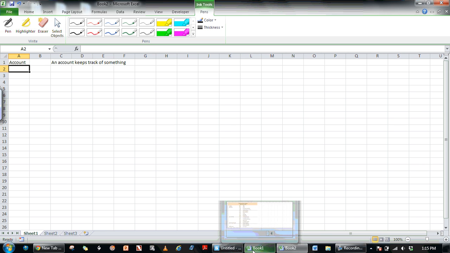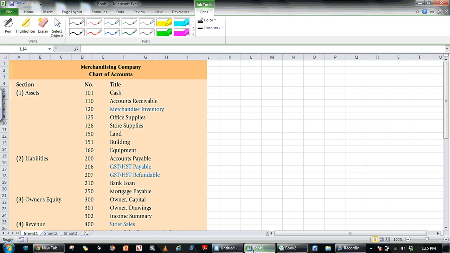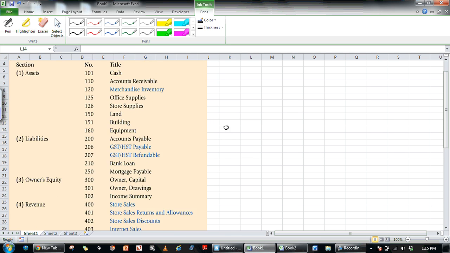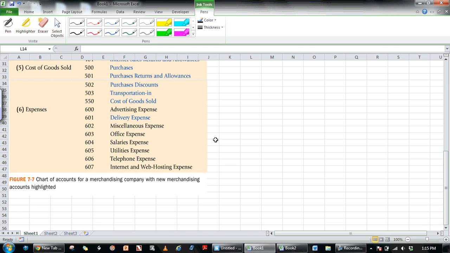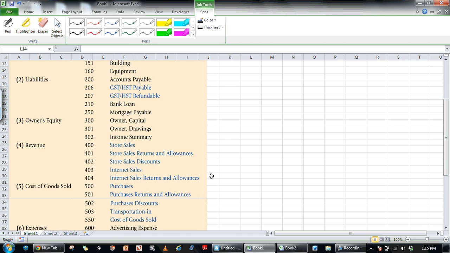If you look at any account, it's keeping track of something, right? It's just keeping track of many different things. Here's a list of most of the accounts that we have studied in the year.